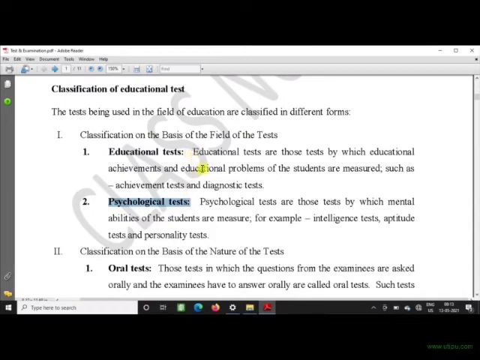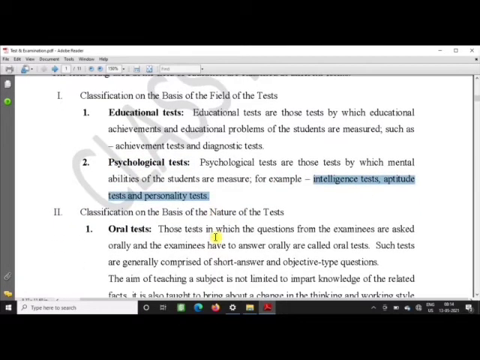In educational test, this will measure the academic achievement of the student and their learning problems, and we have achievement test and diagnostic test as examples. The next one is psychological test, which will measure the mental abilities of students, and for this we have intelligence test, aptitude, and personality tests.